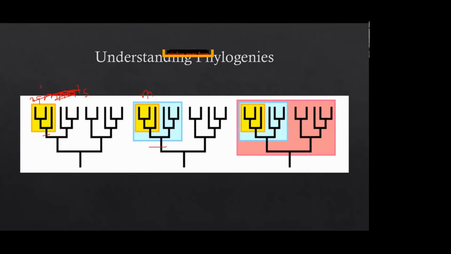Let's say these are rodents. Rodents are nested within mammals, and mammals are nested within vertebrates. So you still have rodents that are nested within mammals, which are nested within vertebrates. Okay, that makes sense. Good question. Thank you.